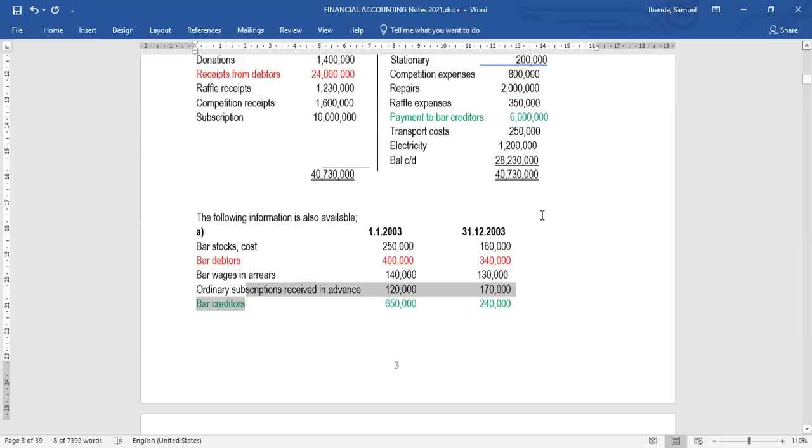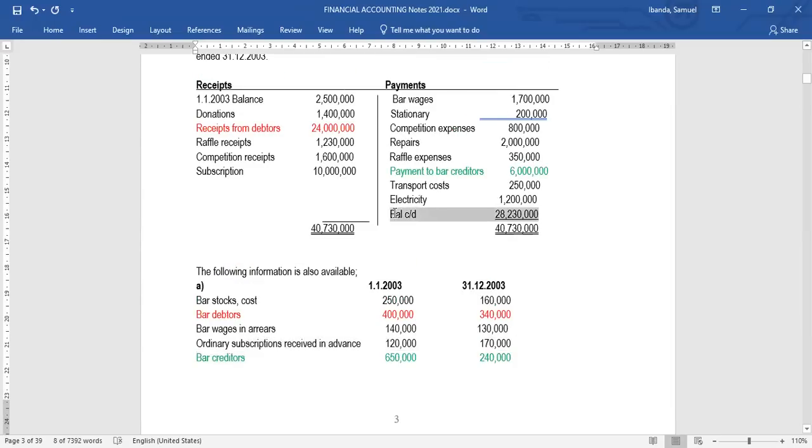Now, do you see this balance carried down? This balance carried down, as you can see there, it is your closing balance for cash, okay? Now, if it's a balance carried down, it means in the next period it will be a balance brought down. So this is like a positive balance, okay? In case the balance was on this side, then it will be like you've closed with a bank overdraft, okay?